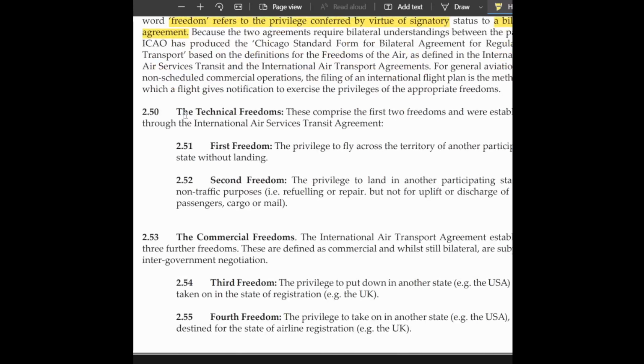Not too important right now. Now there's something that was established called freedoms. The first freedom is basically the privilege to fly. We studied that all the land above India is basically Indian airspace. You cannot enter without taking permission. You can enter only after taking permission.